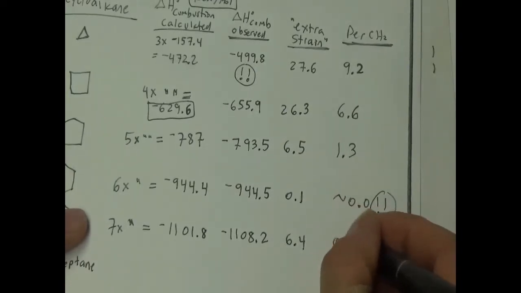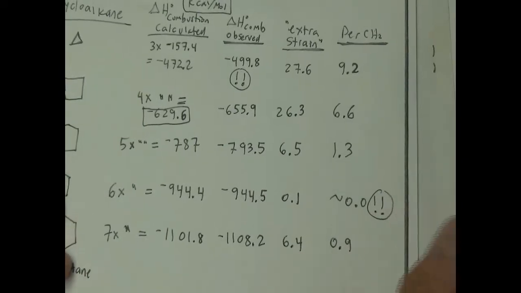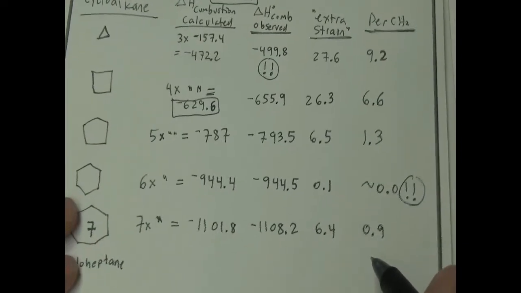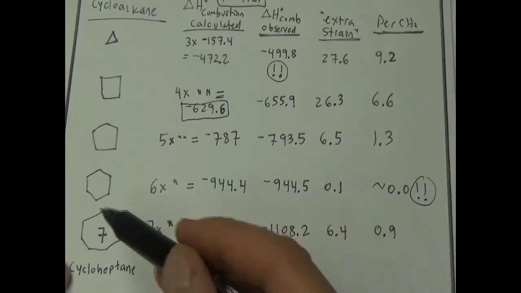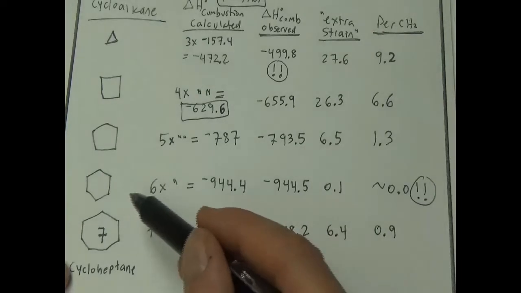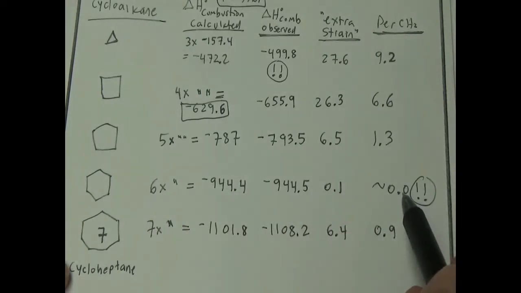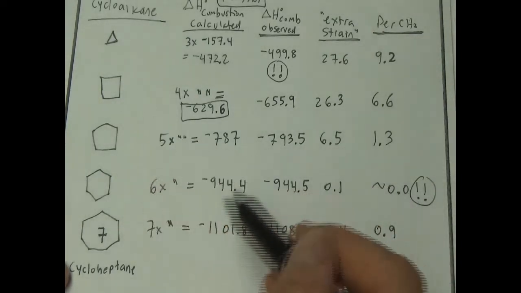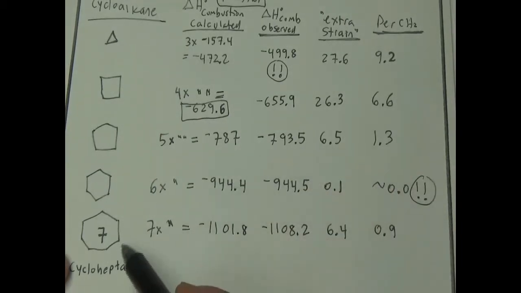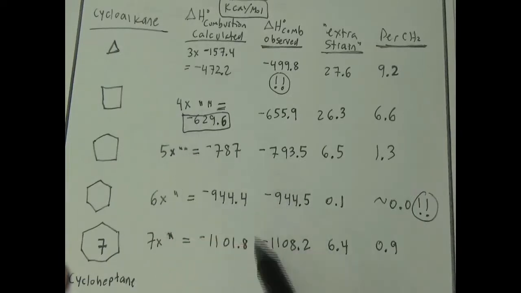And so what you can see here is it looks like there's kind of a magic, an optimal ring size, right? 6-member rings give you no strain at all. If it's either a smaller ring or a larger ring, you start getting strain. I'll explain why all of these have strain to begin with in a second.